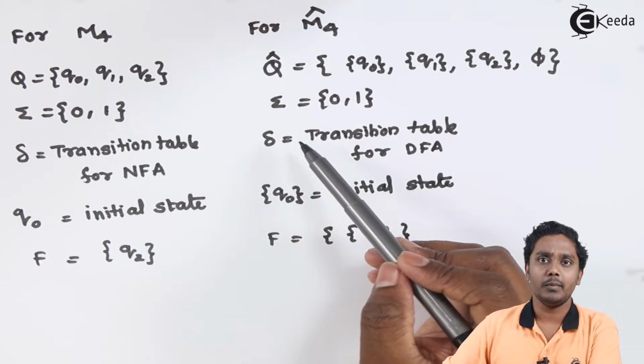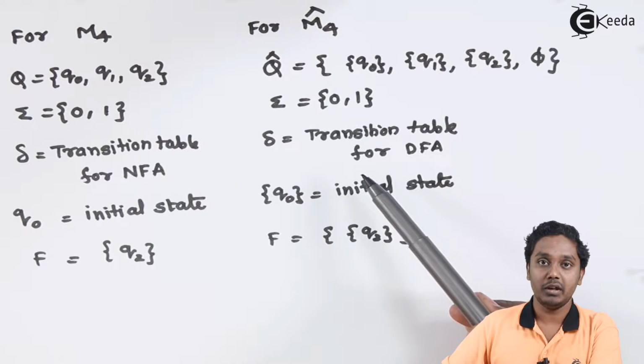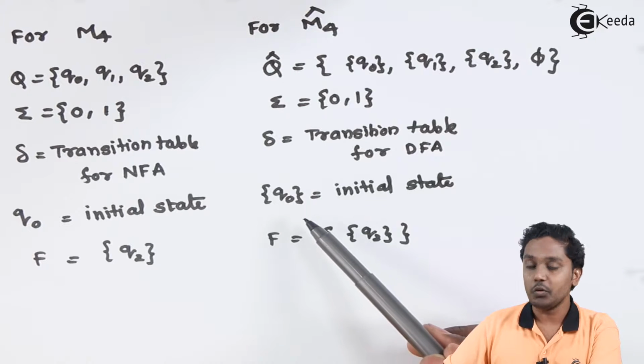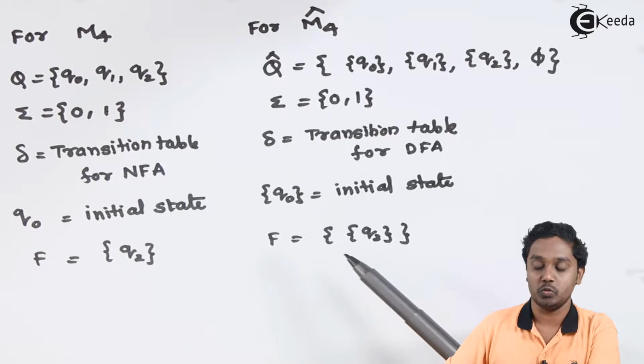Sigma has the alphabet 0 and 1. Delta is the transition table for the DFA. Q0 is the initial state and final state set F will contain Q2.